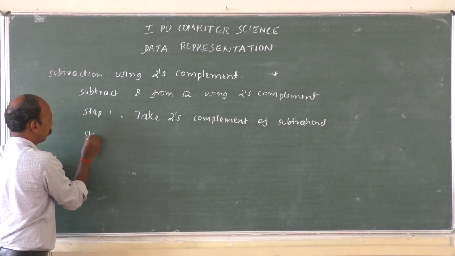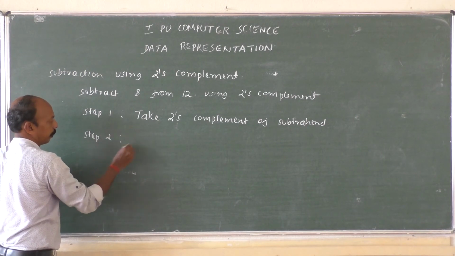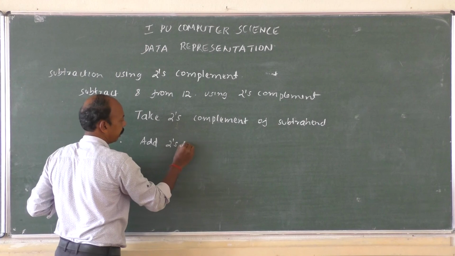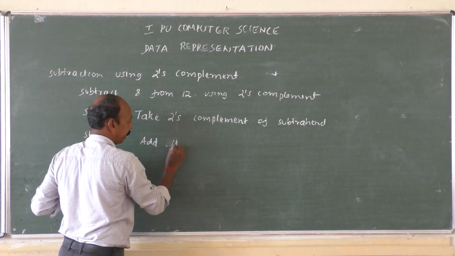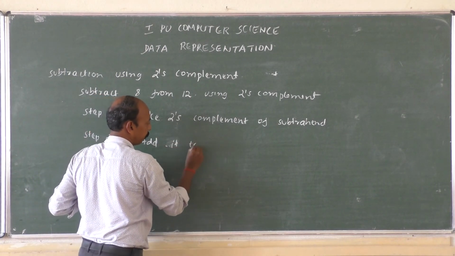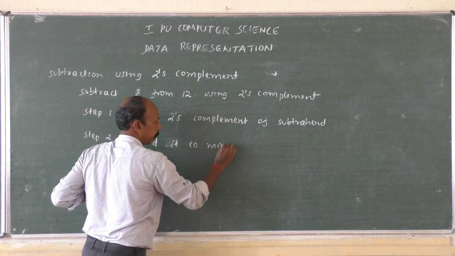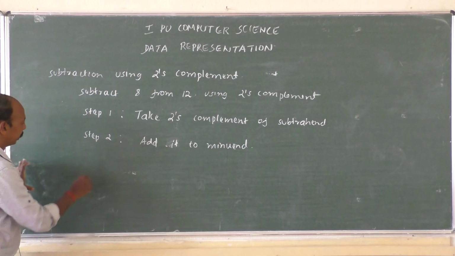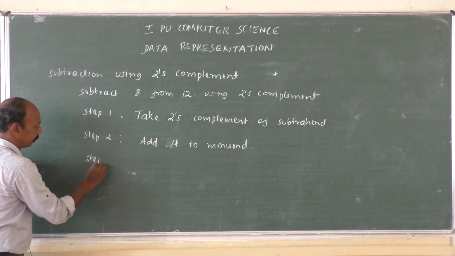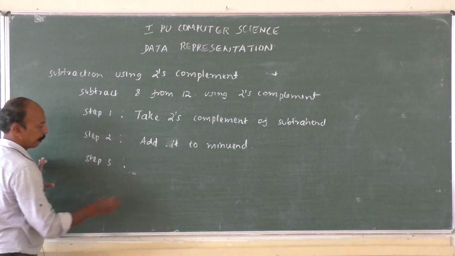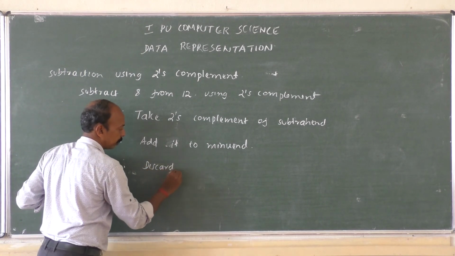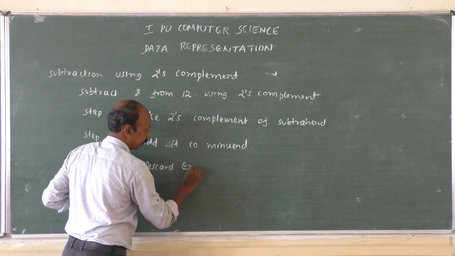Step 2: add 2's complement of the subtrahend, or directly I will write, add it to minuend. Step 3: discard end around carry.